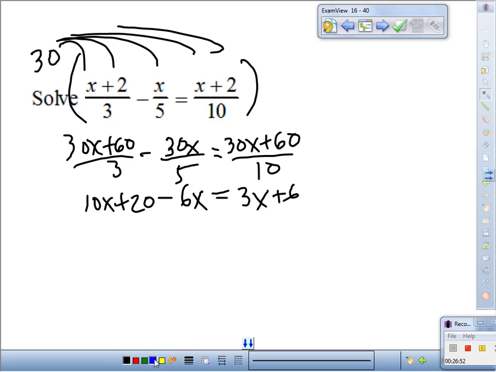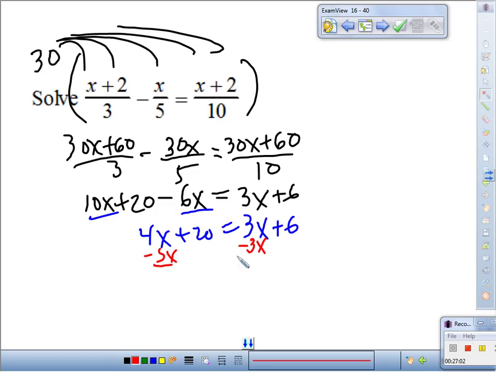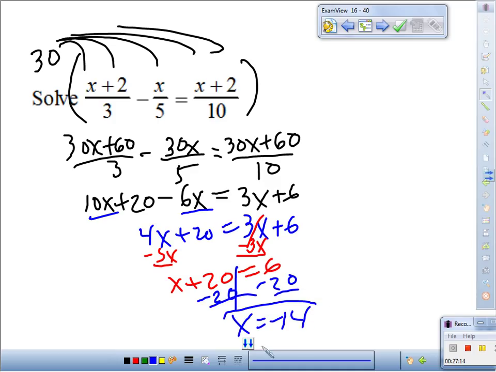Combine like terms. This one and this one become 4x plus 20 equals 3x plus 6. So far so good? Minus 3x minus 3x. We're left with x plus 20 equals 6. Last step. Minus 20 minus 20. X equals negative 14. Hands if you got that.